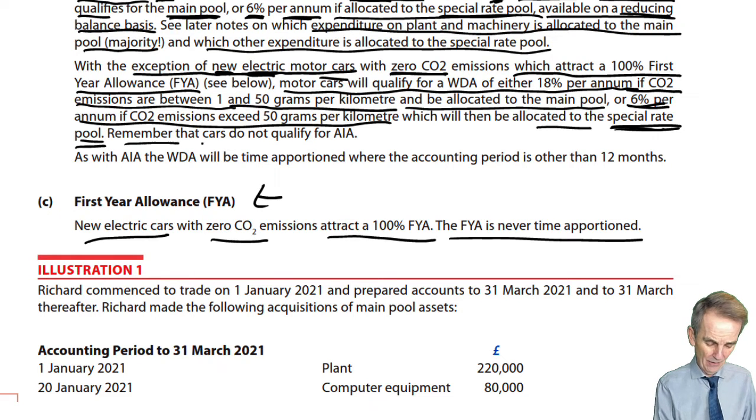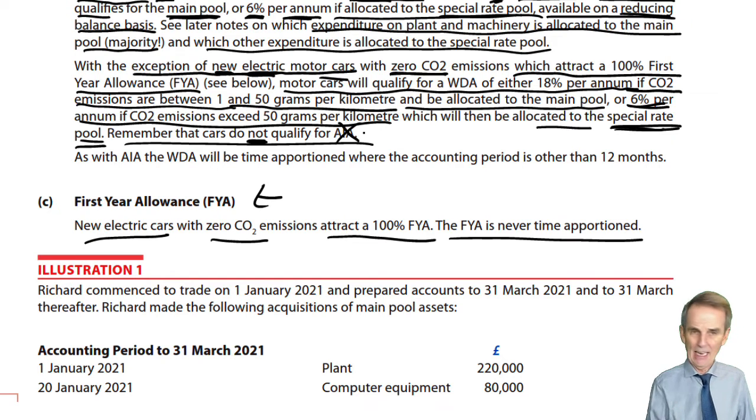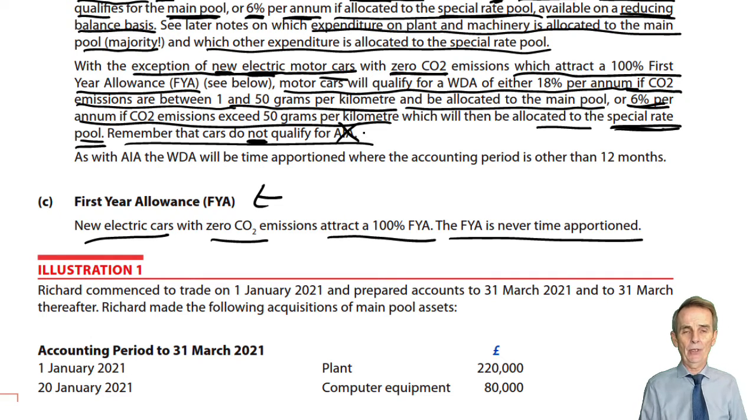Again, as I said, remember, cars do not qualify for AIA. New zero emission electric cars, 100% FYA, available whatever the length of the accounting period in which they happen to be purchased.